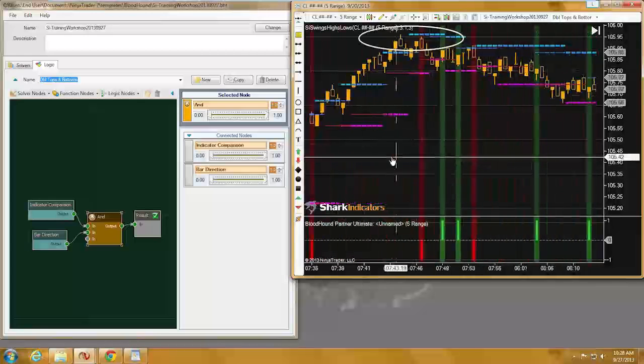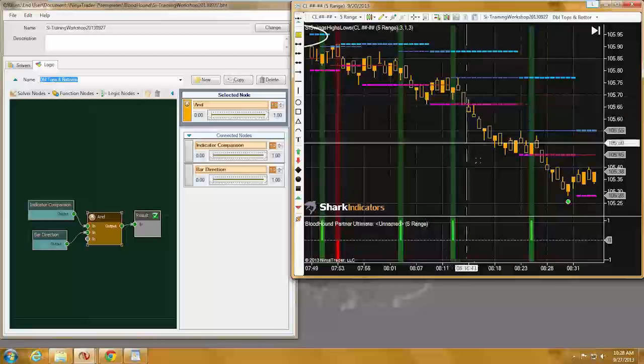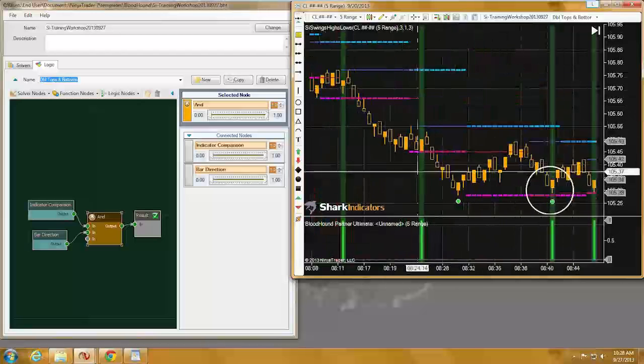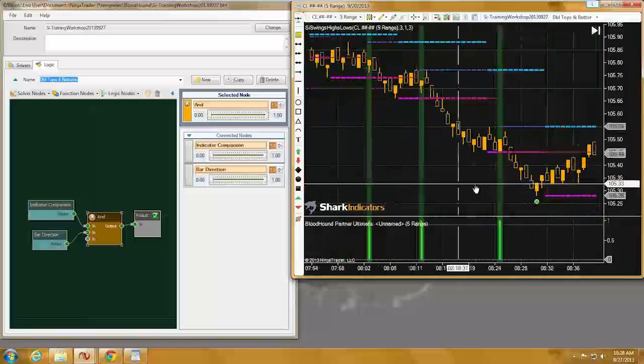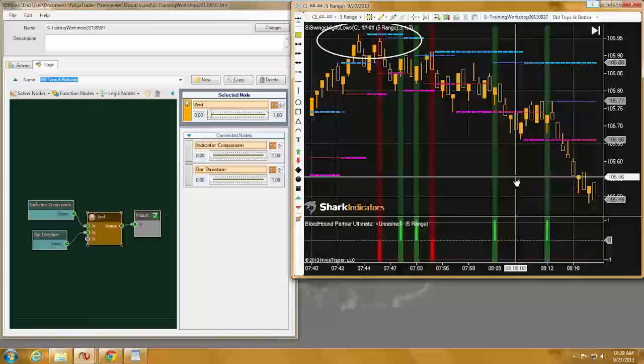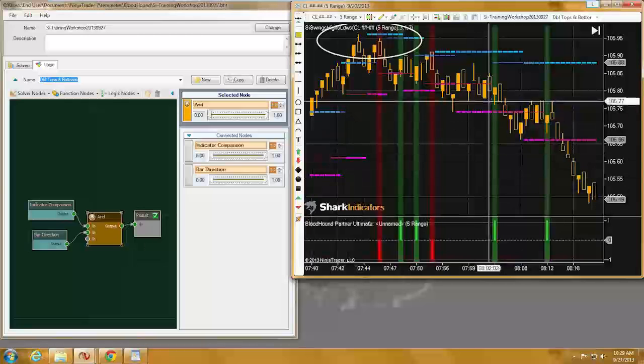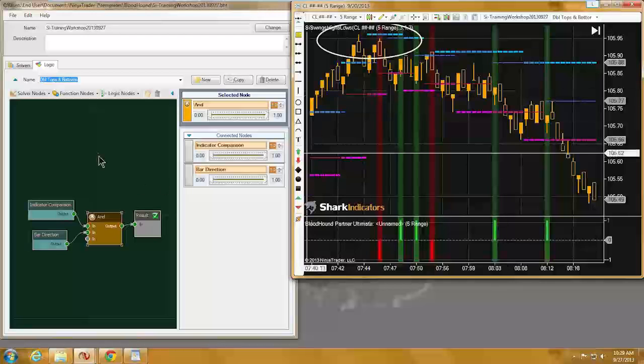Or maybe this would end up being a better filter, is to look for 2 bars going in the correct direction. So let's do that first. I'll set this up so that we're looking for 2 bars in the correct direction.